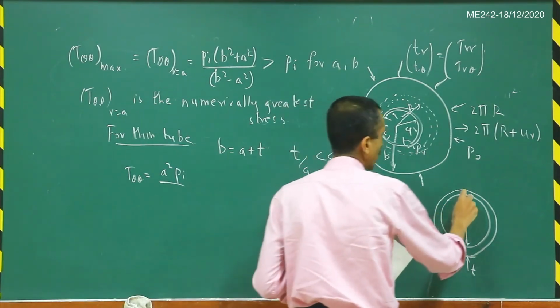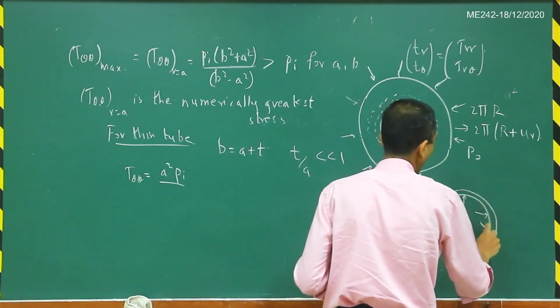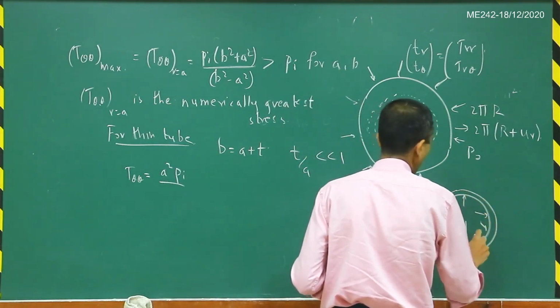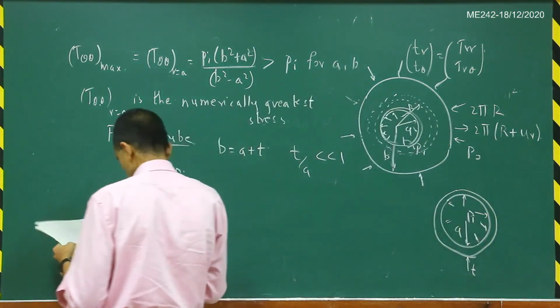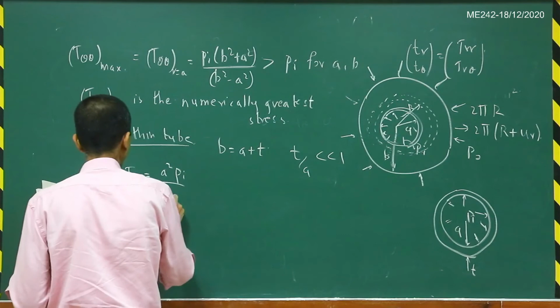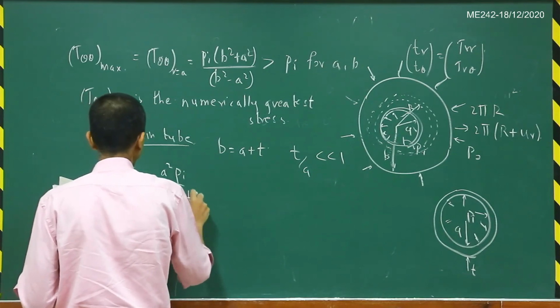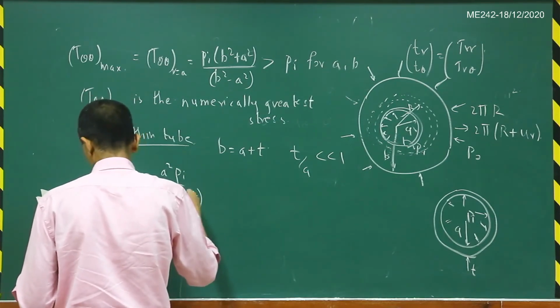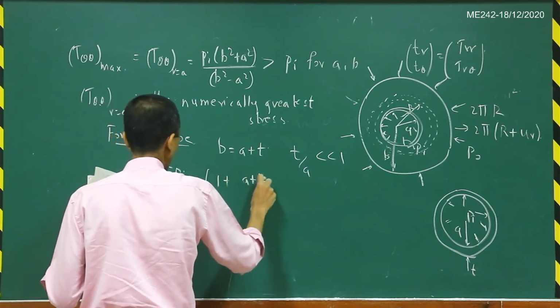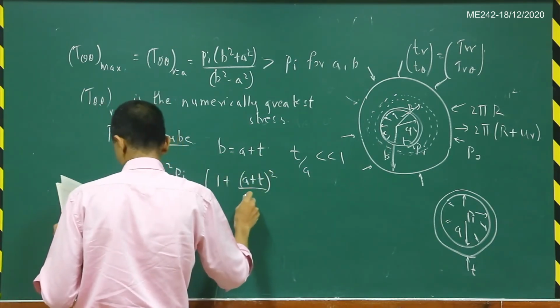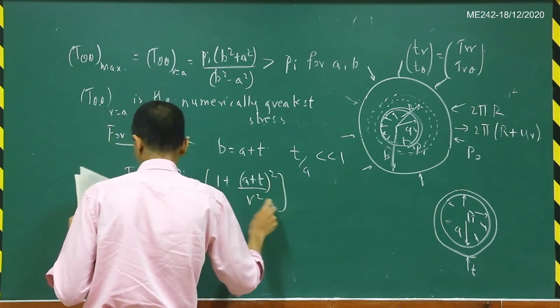So this is A square Pi divided by 2AT plus T square, after simplification, times 1 plus A plus T square divided by R square.